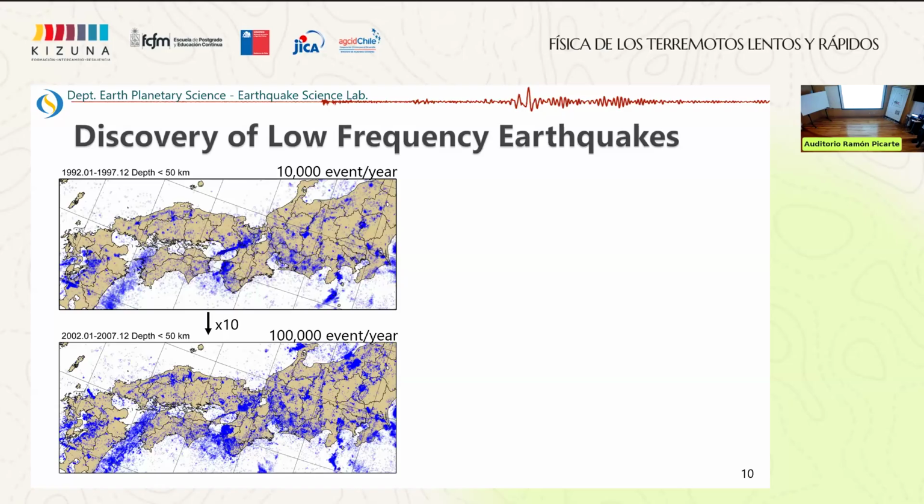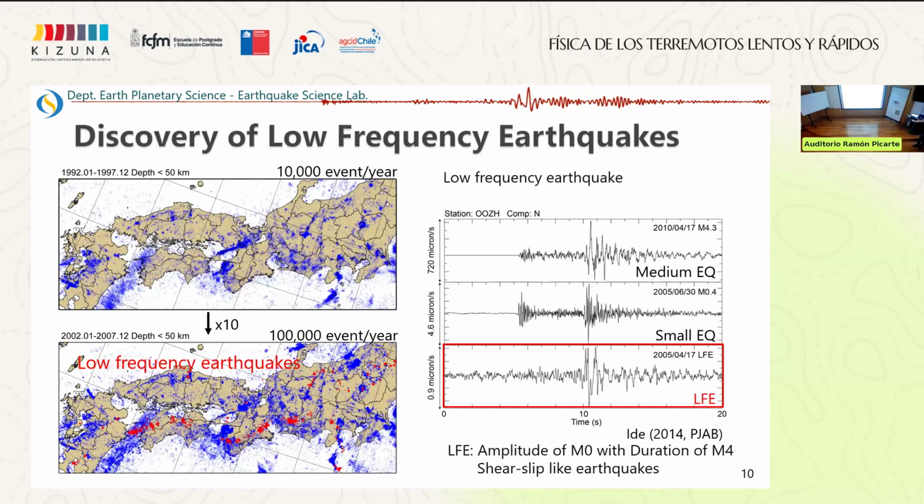But this difference is not just the number of events. In this new observation system, we found qualitatively different phenomena. What does qualitatively mean? The appearance of these events is very different from ordinary earthquakes.